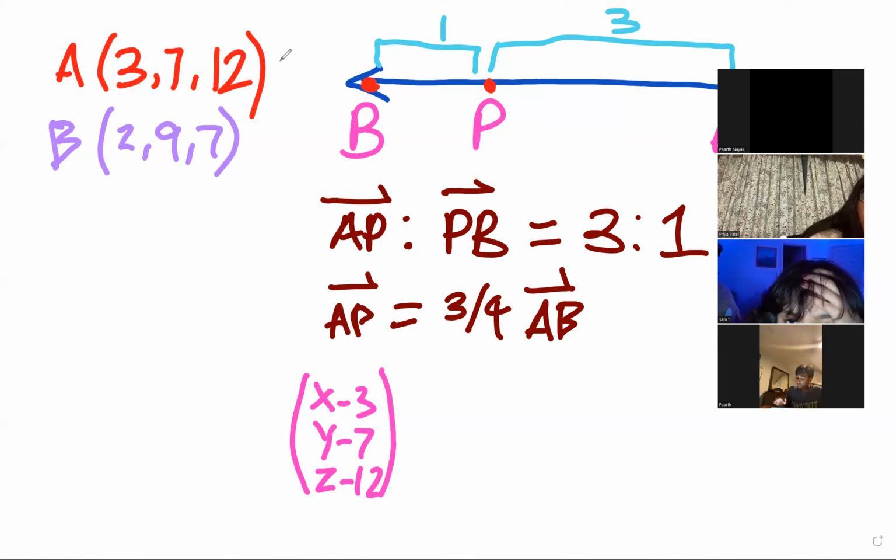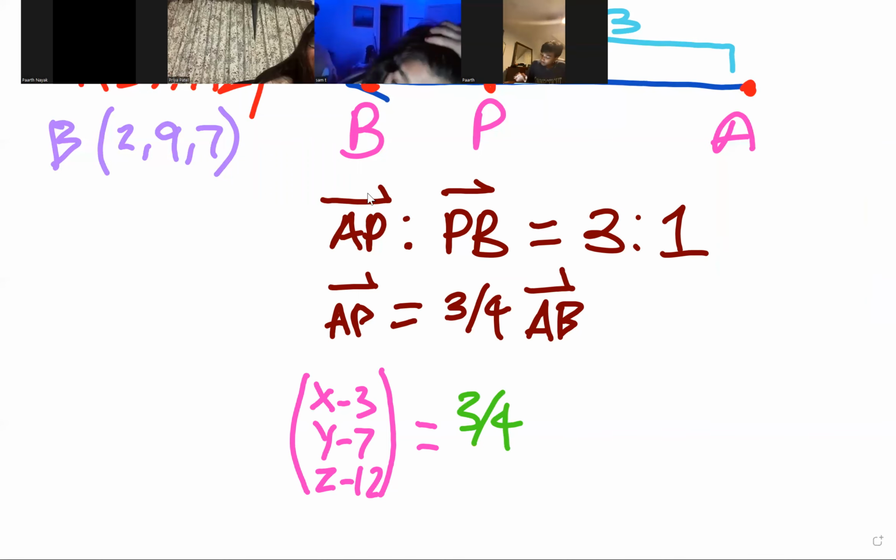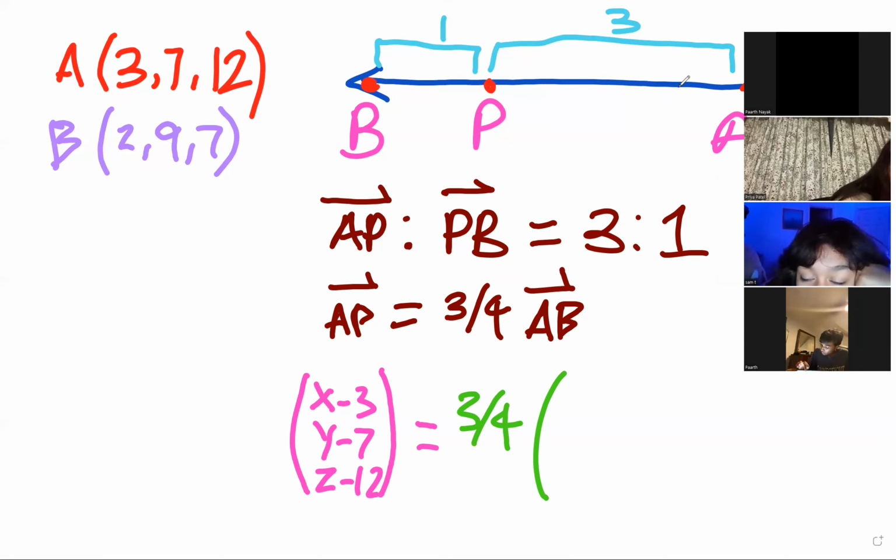So that equals, and I'm going to use a different color, 3/4 of, and then that would be 2 minus 3, right? So -1, and then 9 minus 7, so 2, and then 7 minus 12, so -5.